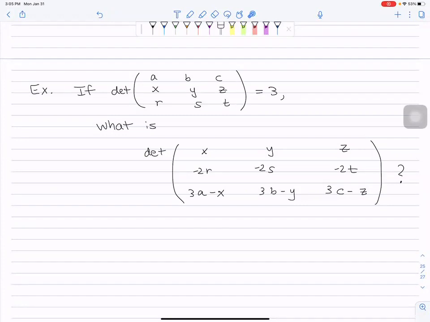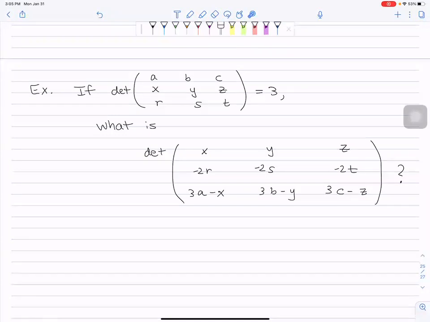Okay. So I get A, B, C, R, S, T, X, Y. Okay, what should I do next? Rows 1 and 3. Okay.